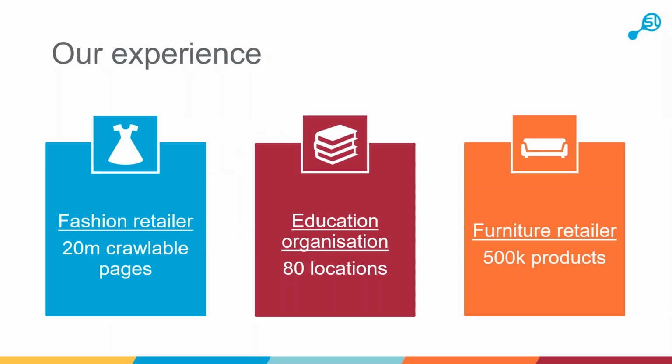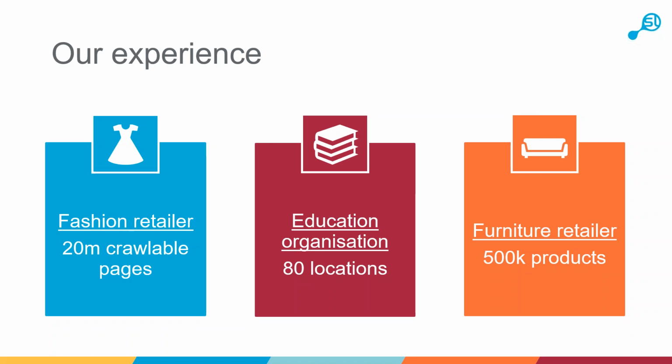Some of the clients we're working with are massive fashion retailers, very big education organizations, for example, with over 80 locations, and also a furniture retailer with 500,000 products and product variations.